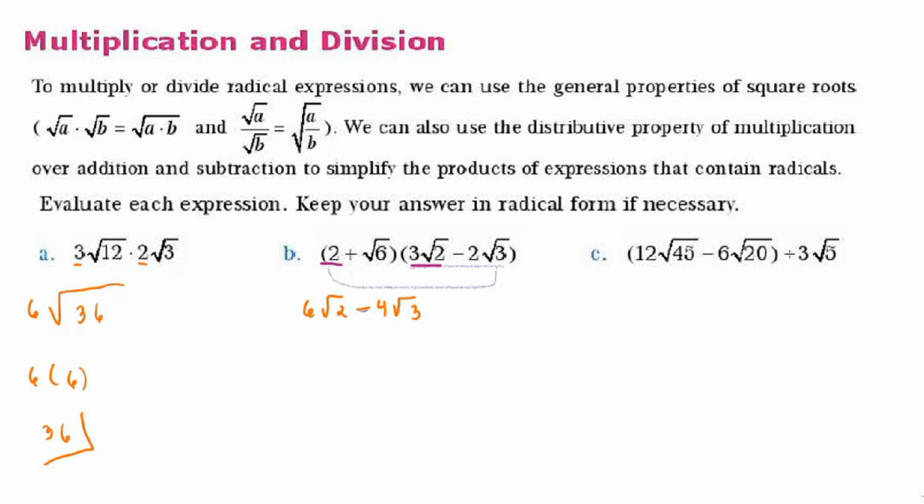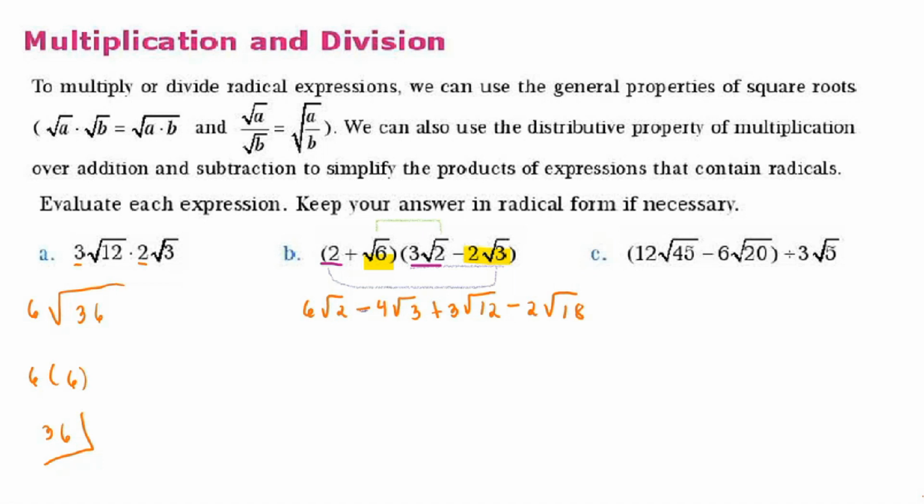And then for the inner terms, we're using square root of 6 times 3 square root of 2. The product of that is positive 3 square root of 12. And for the last terms, square root of 6 and negative 2 square root of 3, multiplying that gives us negative 2 square root of 18.